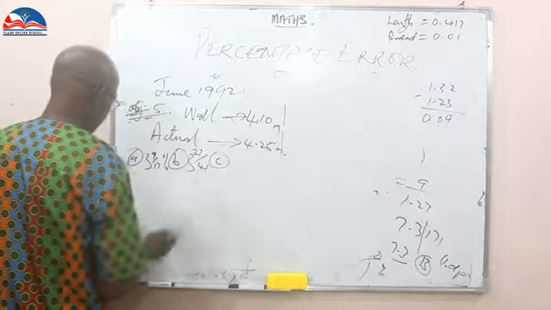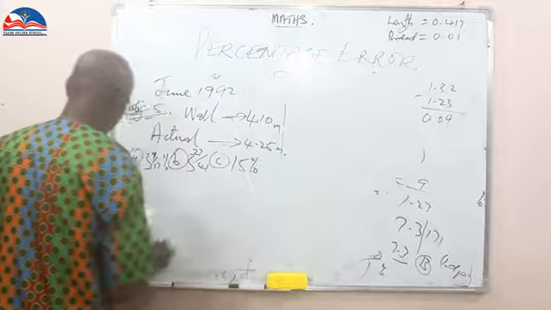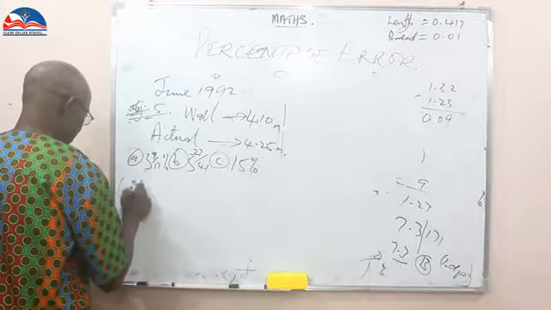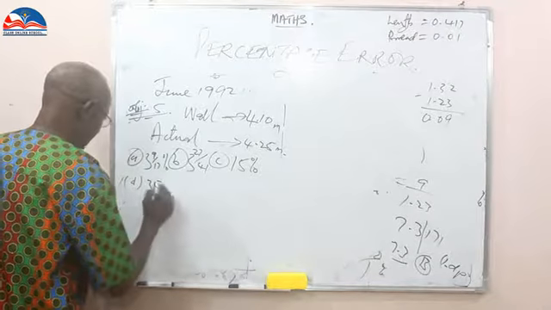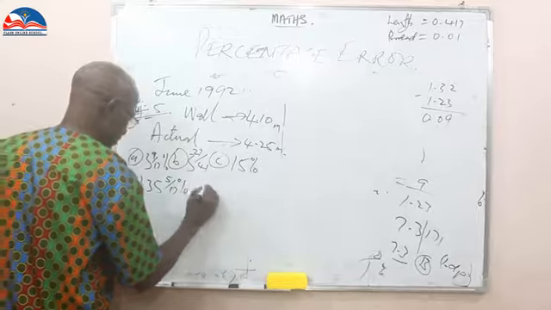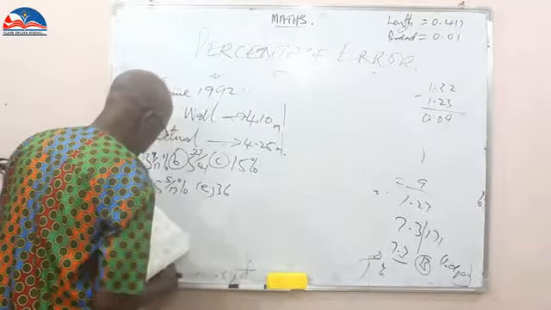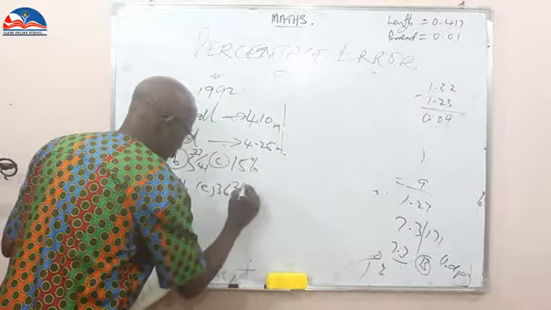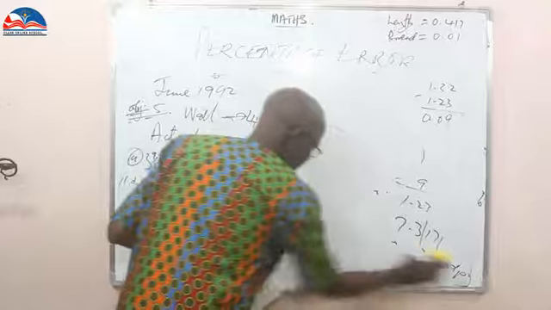C says 15%. D says 35 5/17%. And E says 36 24/41%. Let's go.